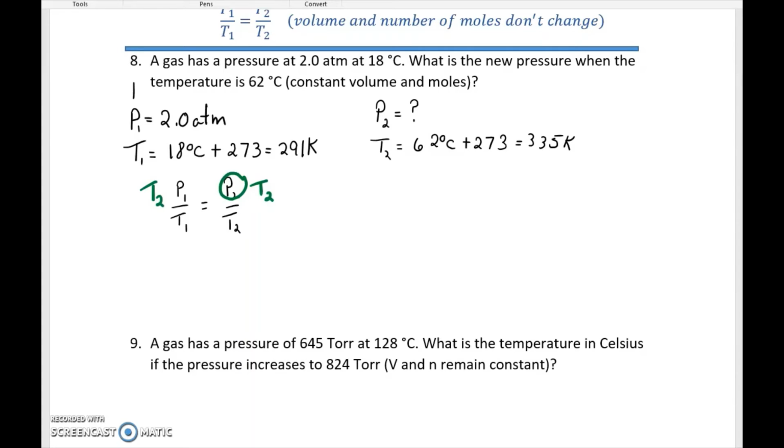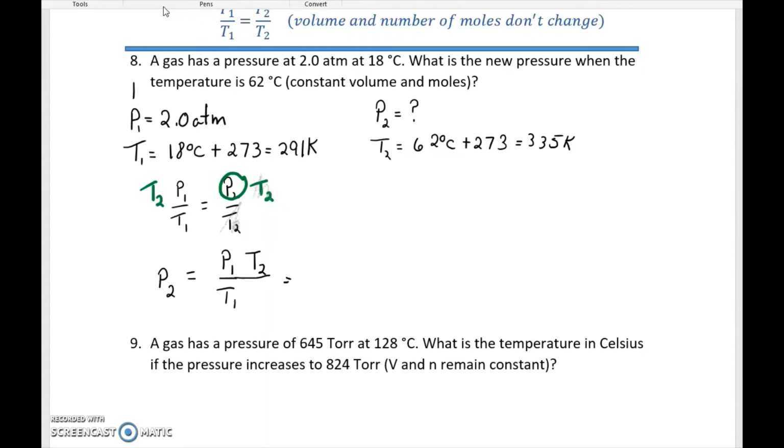That will mean that T2 here and T2 here will cancel out, disappear, and P2 will be left by itself. So let's rewrite that. P2 is going to be equal to P1 over T1 times T2.